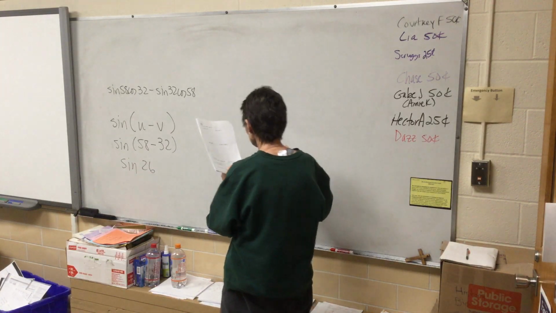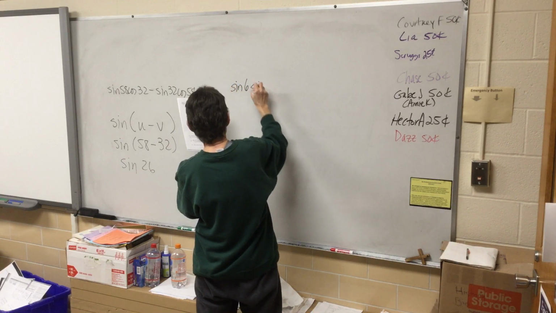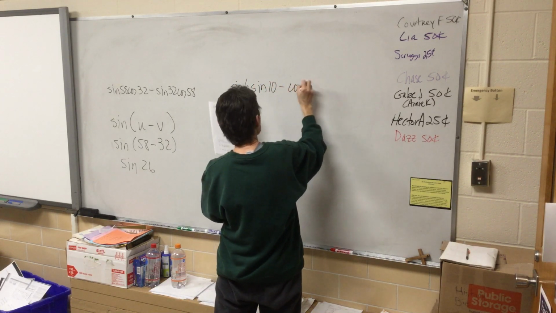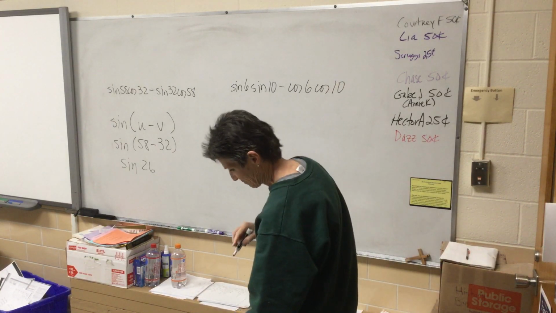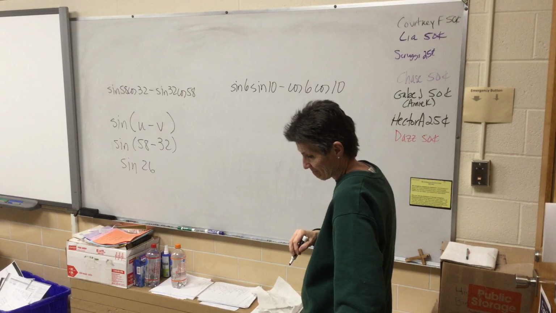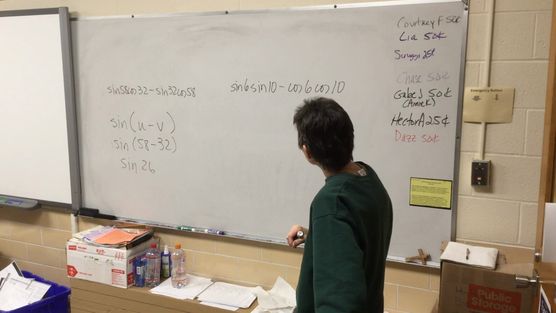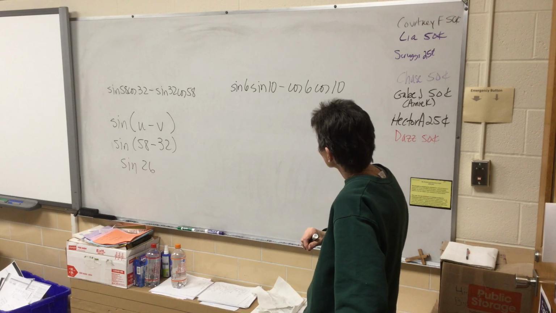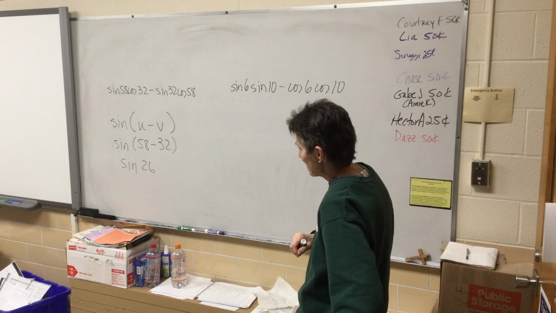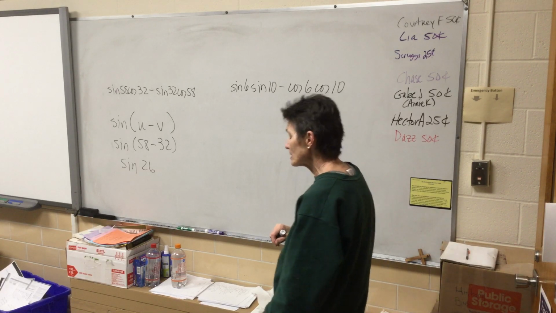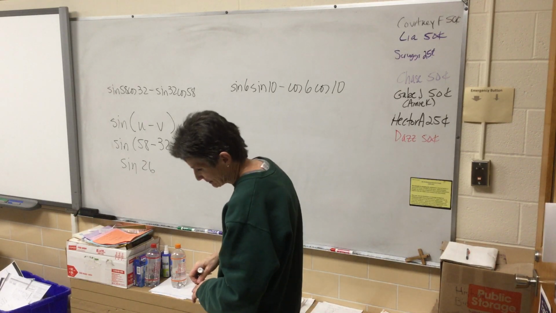D. Oh, it kind of went off the page. Sine 6, sine 10, minus cosine 6, cosine 10. This one's a tricky one. Which one does it match up with? Is it cosine u minus v? Actually, it's not.